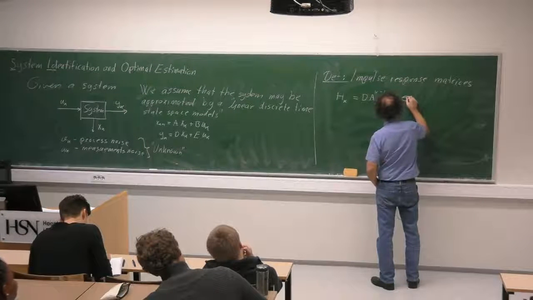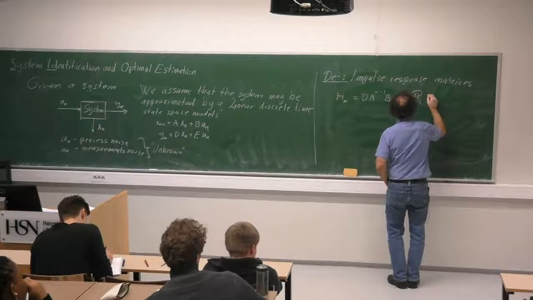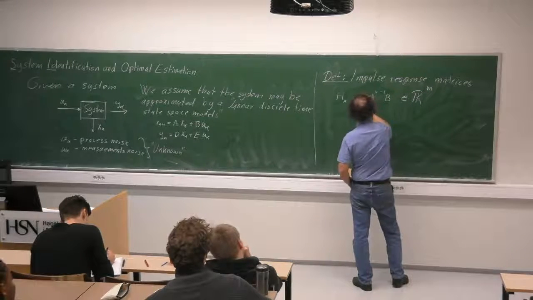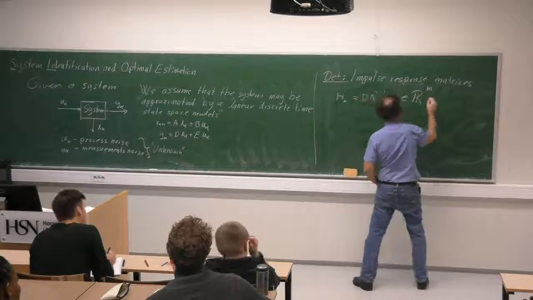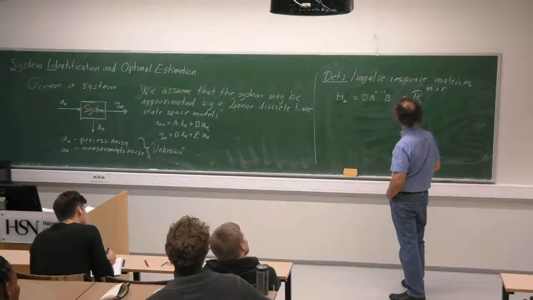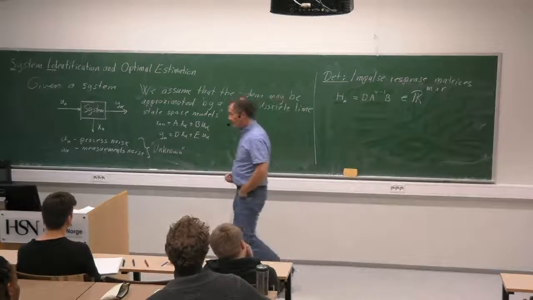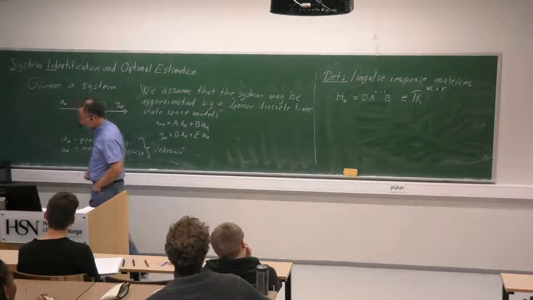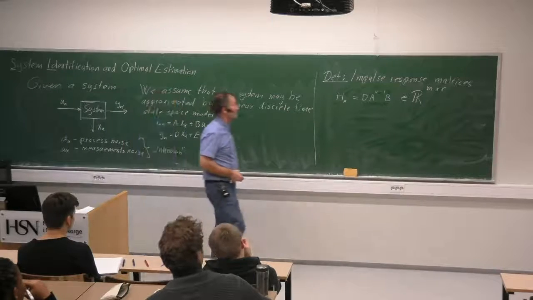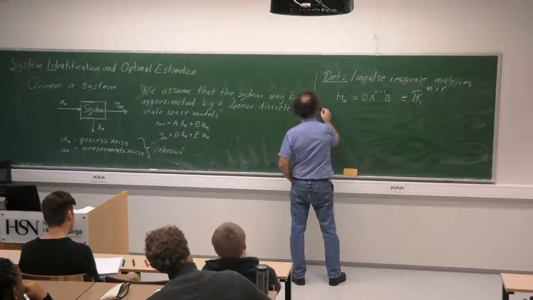And the dimension of this impulse response matrix is a matrix with m rows and r columns, like this. A rule for finding the dimension of a product of matrices is very simply done as follows. Remark.